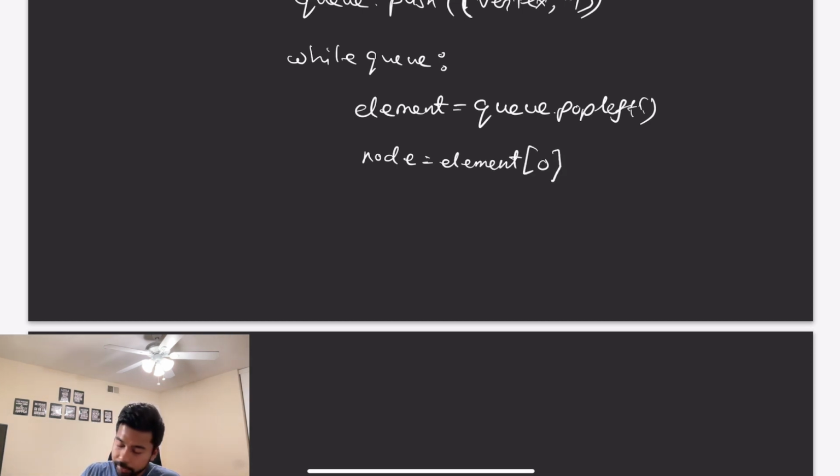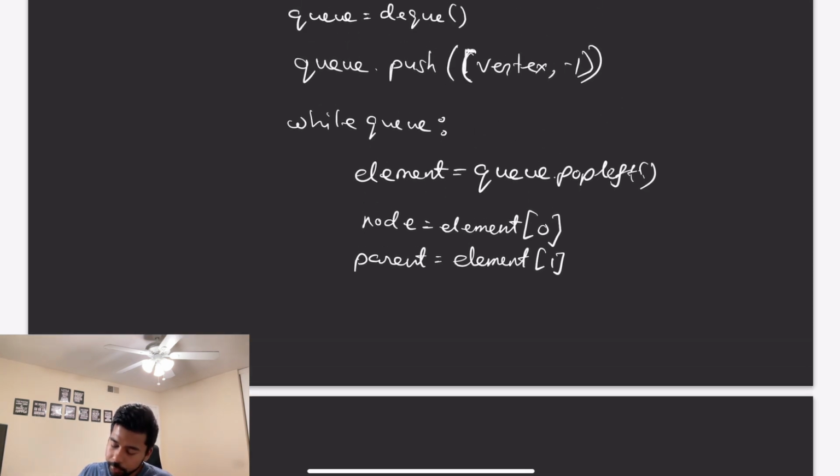This is me accessing the vertex. This is me doing this and this, and this and this.